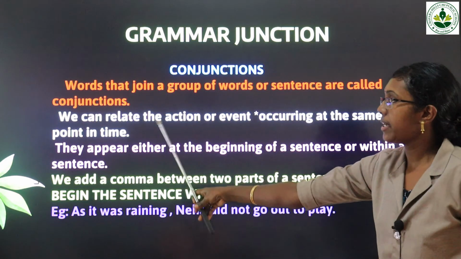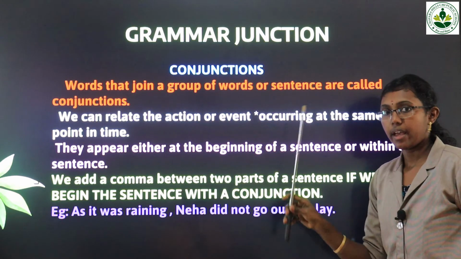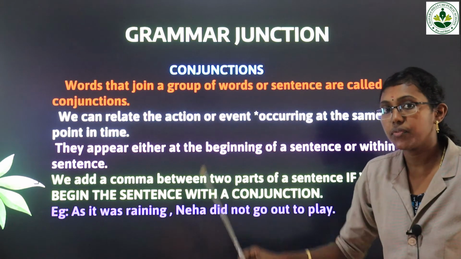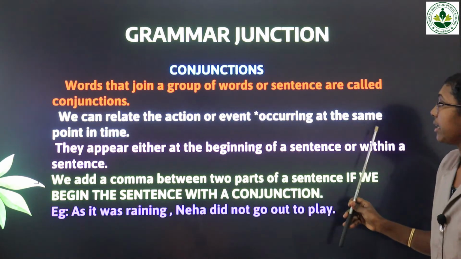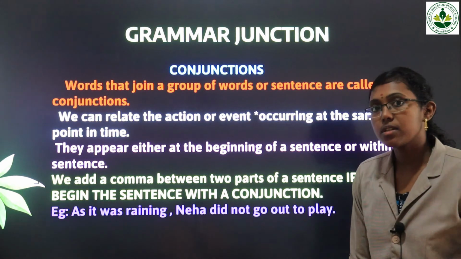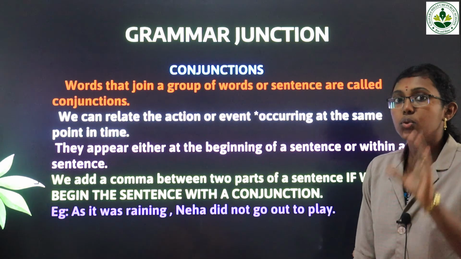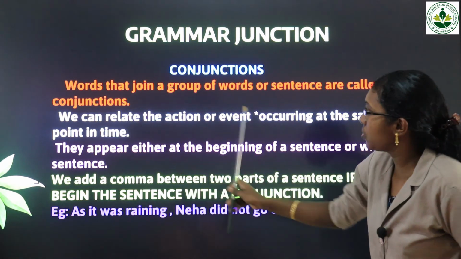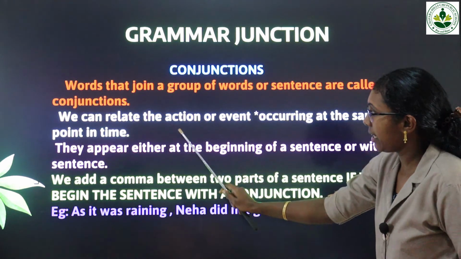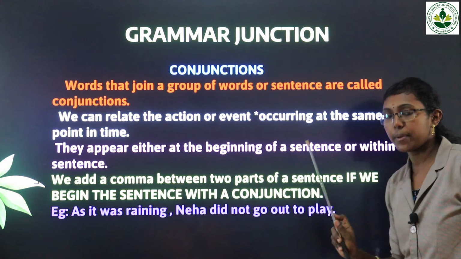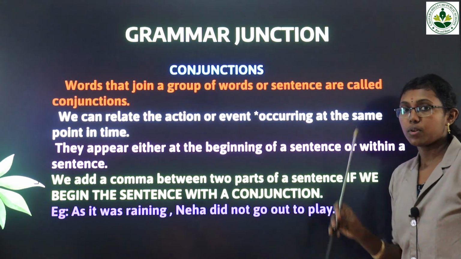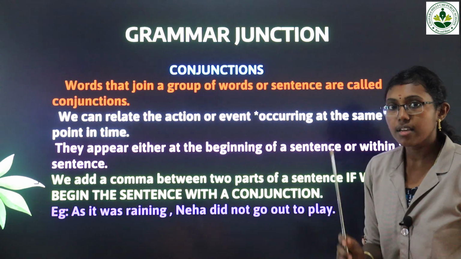One action or event, one happening, we can connect. Occurring at the same point in time means two actions are happening at the same time. That we can join by using a conjunction. Two actions are there and they are happening at the same time.